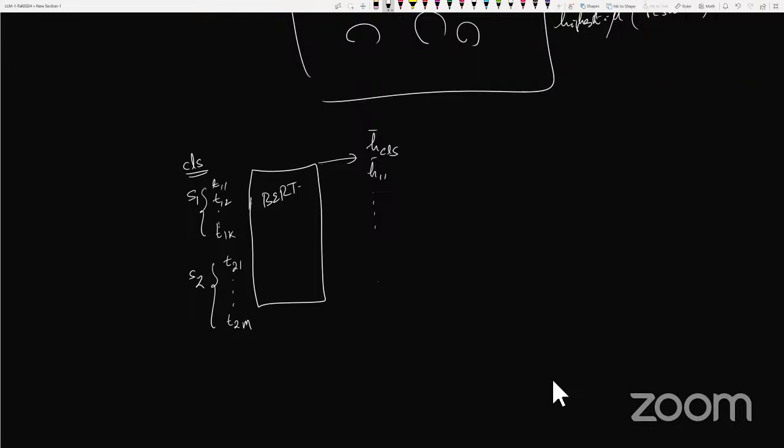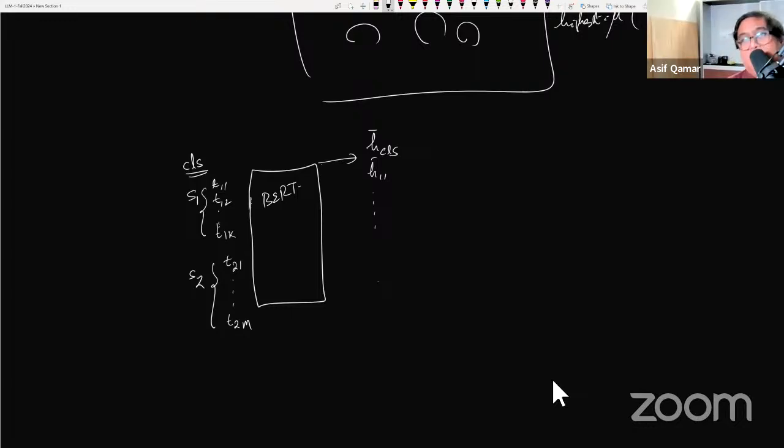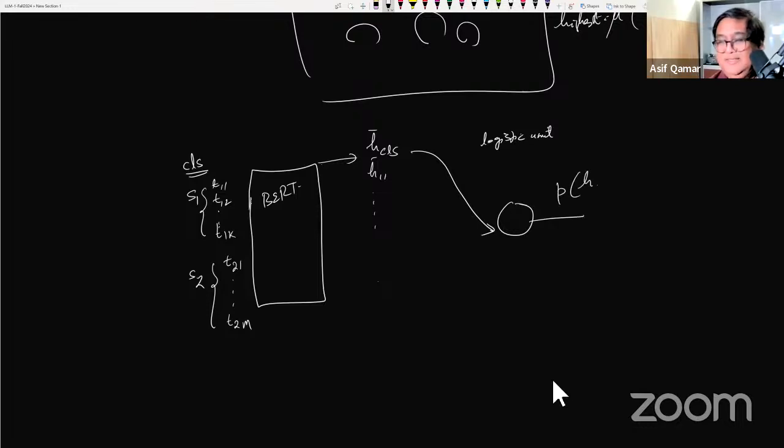Isn't it? And now, you also realized, we said that if you feed it into a softmax, or for the sake of this, we can just put a logistic unit, a sigmoid unit. I take only the first vector, HCLS, into this. What does a logistic function produce? Some probability.